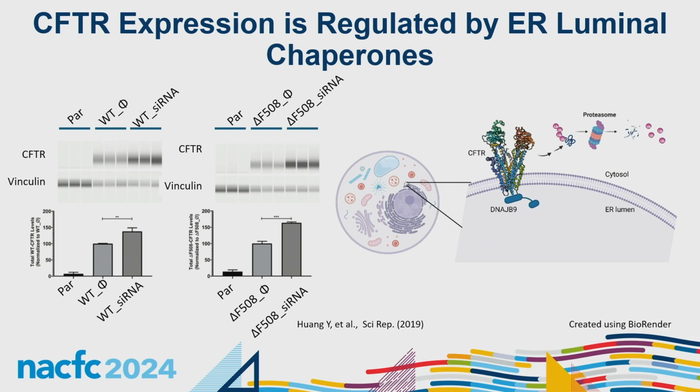Specifically, one of the chaperones we identified is called DNAJB9, and it can bind to CFTR within its extracellular loop and then mediate CFTR through ubiquitin and proteasome-dependent degradation. Importantly, knockdown of DNAJB9 is able to increase the expression of wild type and delta F508.